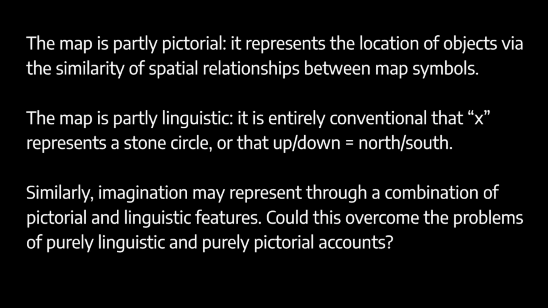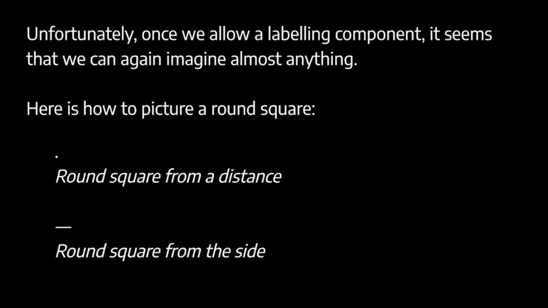Now the trouble with this is that once we allow that there is a labeling component analogous to the map, then it looks like we can once again imagine basically anything. So let's take again the round square. Here's an example. I think this comes from Roy Sorensen, but I forget the article.